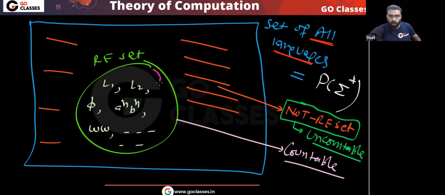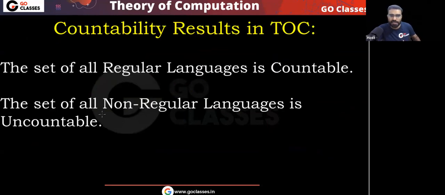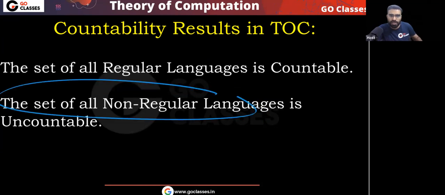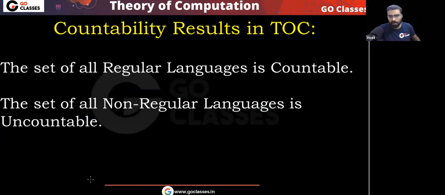So the set of all RE languages is countable, but the set of all not RE languages is uncountable. Similarly, the set of all regular languages is countable, but the set of all non-regular languages is uncountable. Is this clear? Please tell me. So these are some points you can easily notice.